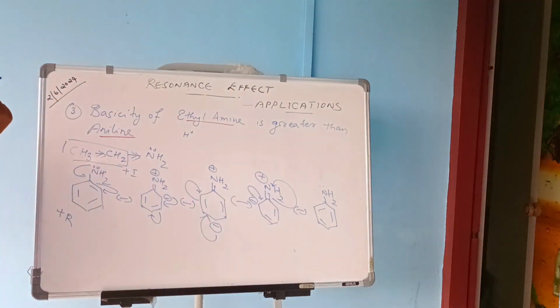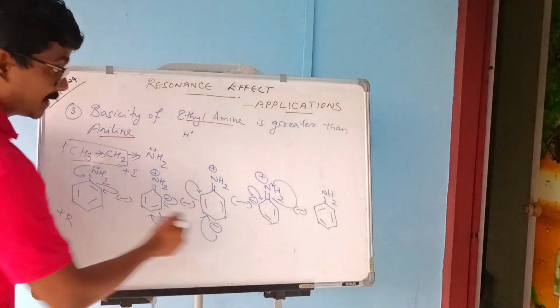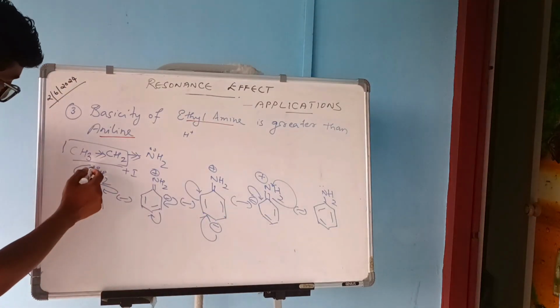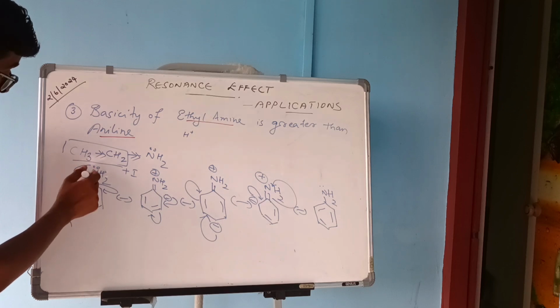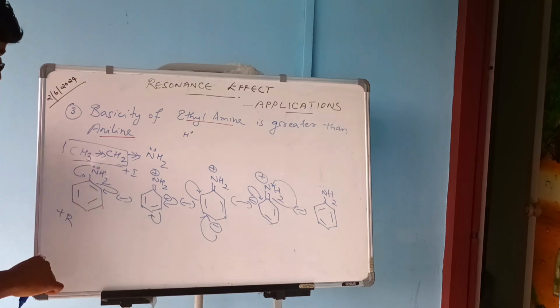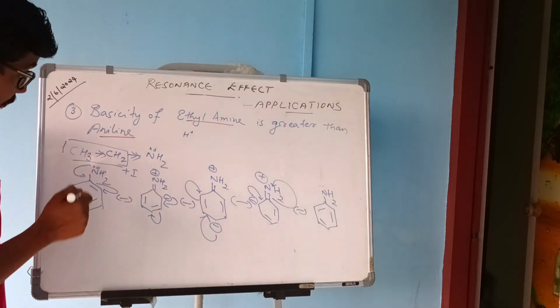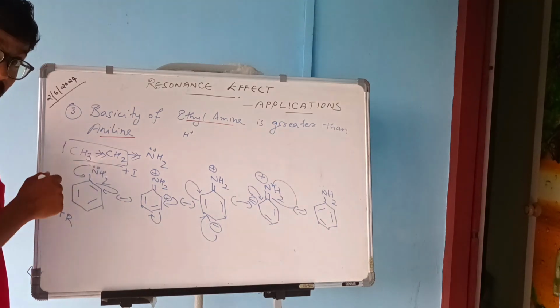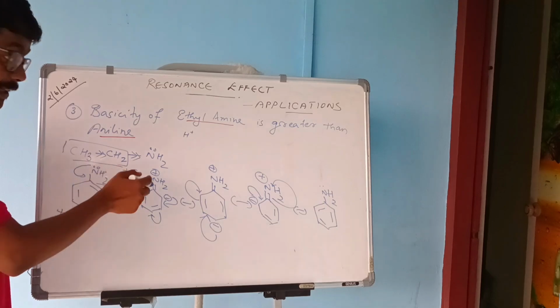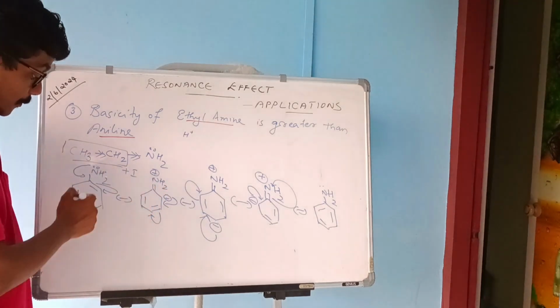So you can see from this resonating structure that the lone pair carried by the nitrogen atom of aniline is not available for donation, because this lone pair determines the basicity, and it takes part in the resonance due to the plus R effect.